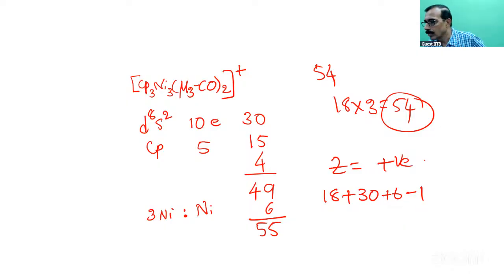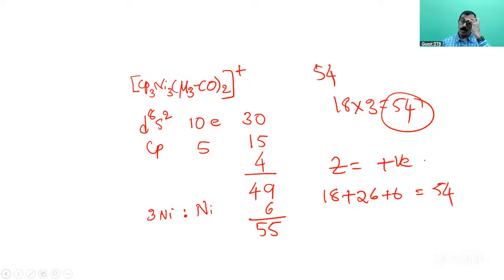This is not 30 because 3 electrons are going, 3 plus 1, 4 electrons are going, so you remove this one here, 26. So now it will be 54.